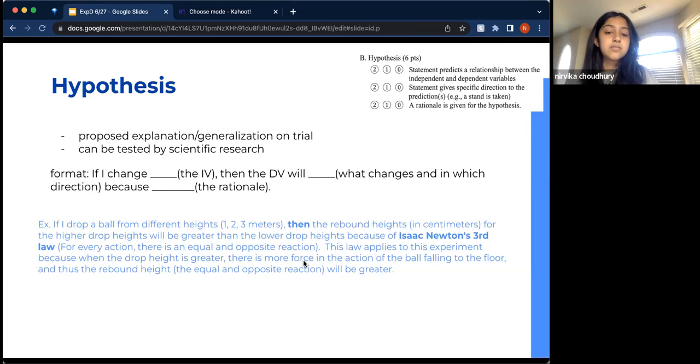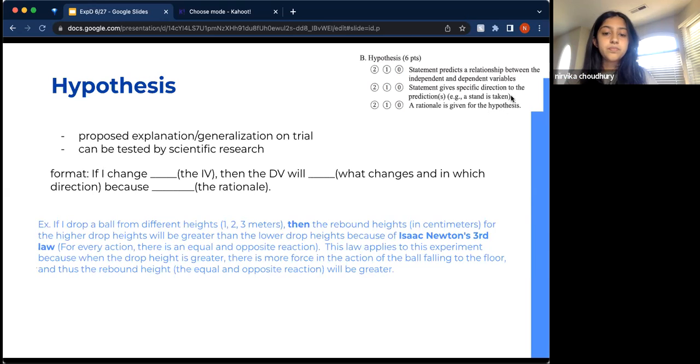rebound height statement of problem I said in the previous slide. Here, look how it says, if I drop a ball from different heights, 1, 2, or 3 meters, then the rebound heights in centimeters for the higher drop heights will be greater than the lower drop heights because of Isaac Newton's third law. Now, Isaac Newton's third law will be considered your rationale because it's a justification of why you made this hypothesis, which is very important.